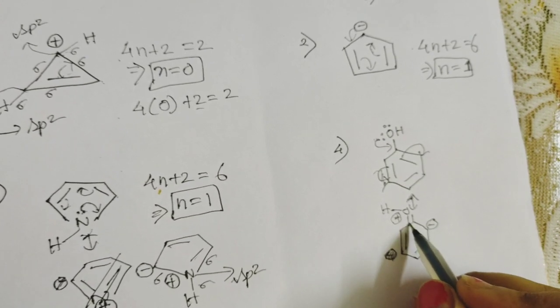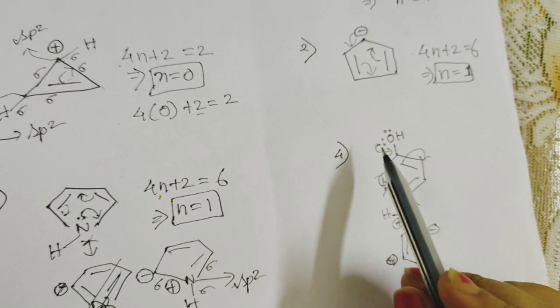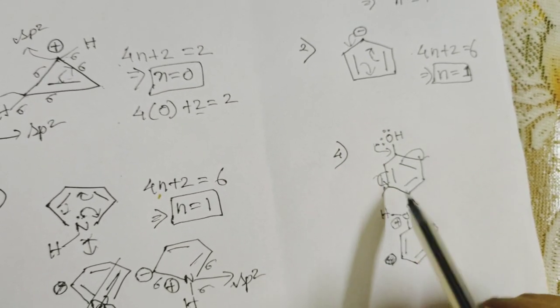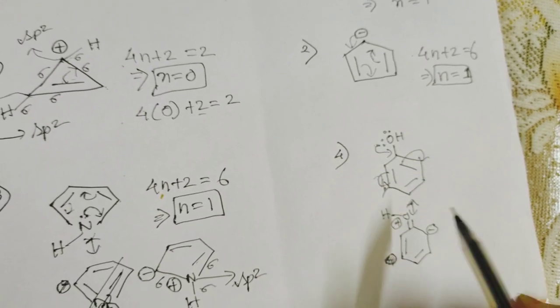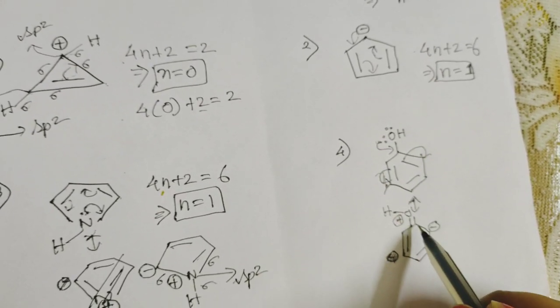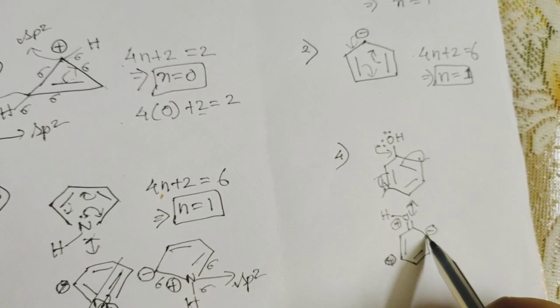We have to actually see the ring, not these outer atoms that are substituent atoms present outside the ring. We don't have to include them, just see the ring. It is an sp2 hybridized carbon. This one is also an sp2 hybridized carbon.